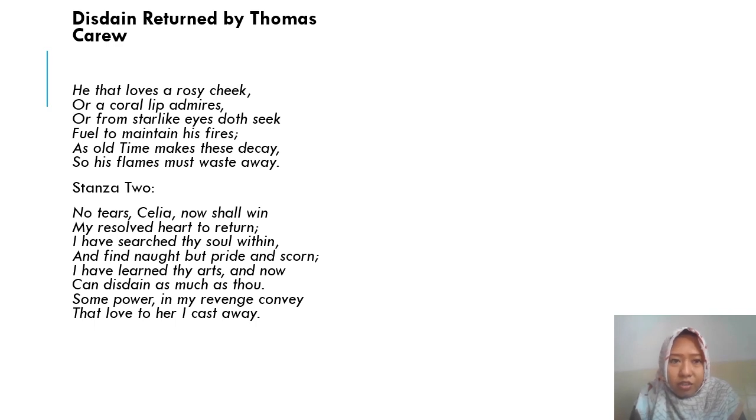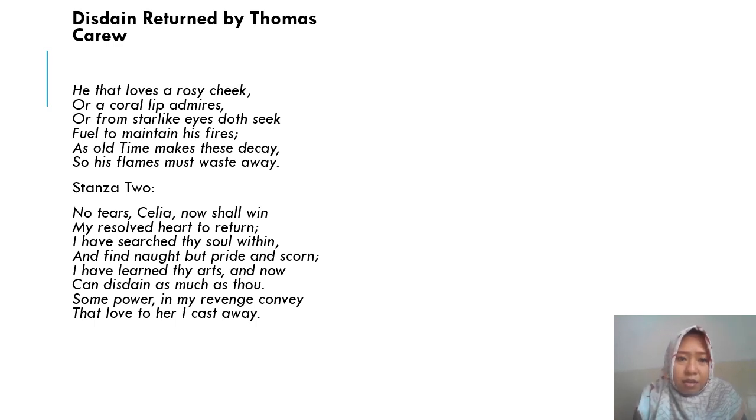Okay, and then the last one is the poem by the Cavalier. We are going to take a look at the rhyme here. This is also rhyming, and this Cavalier poem is not correlated with religion like the previous poems.